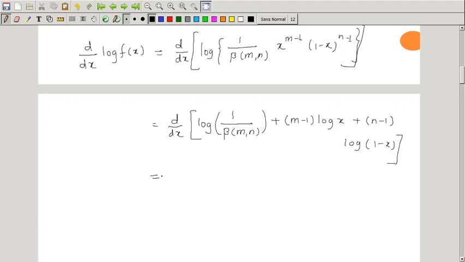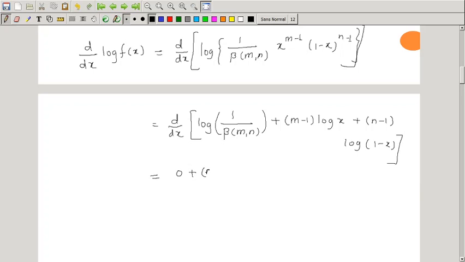So log of 1 upon beta mn is a constant term because m and n are positive, so beta mn is a constant term. So log of constant term is again constant, so derivative with respect to x of this constant term is 0.